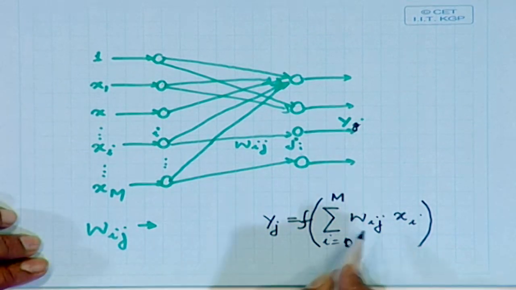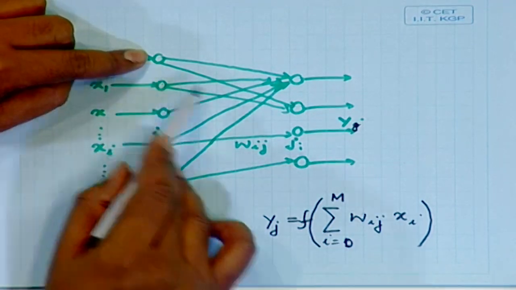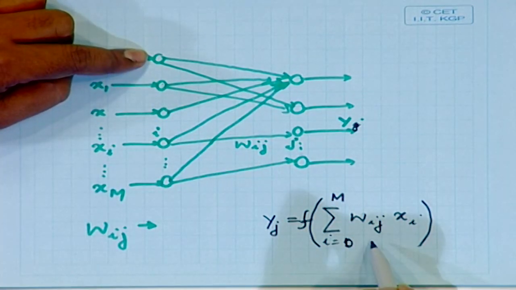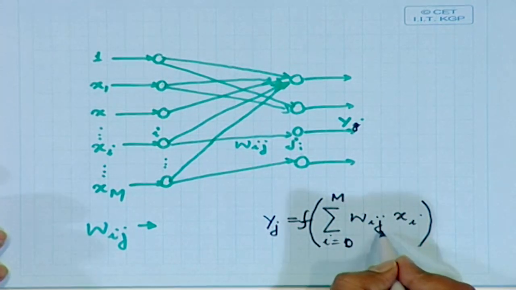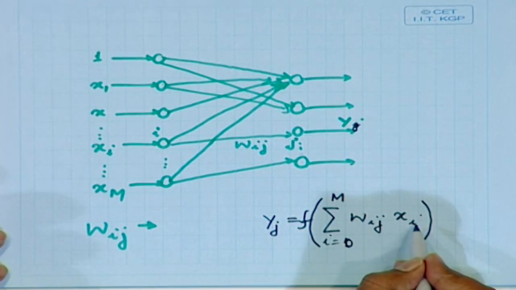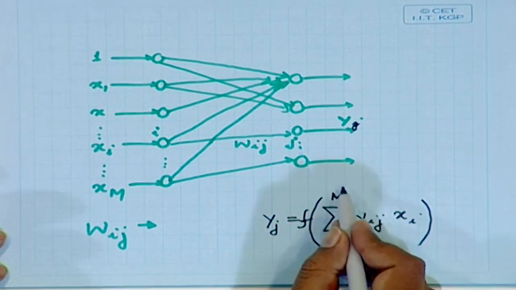For different values of i, the individual components are being weighted by the corresponding Wij. So, at the output layer what I get is Wij into xi. This also includes the bias because I have started from i equal to 0 to capital M.